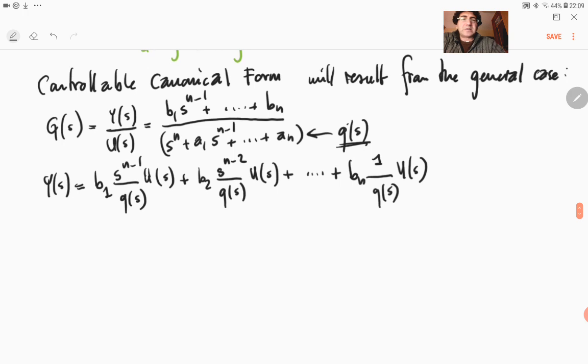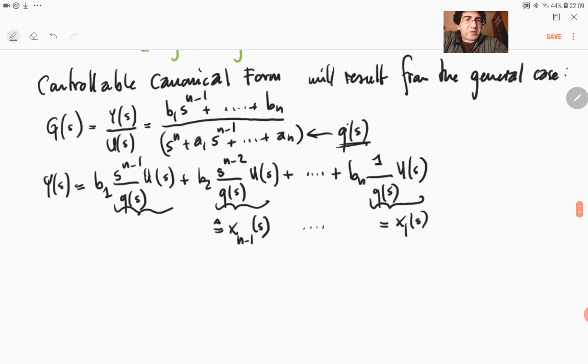Now here's the interesting part, and it's by no means trivial. I will define this term over here as my first state, x1(s), and this one is defined as x_(n-1)(s), and finally this term will be defined as xn(s). These are the state selections.